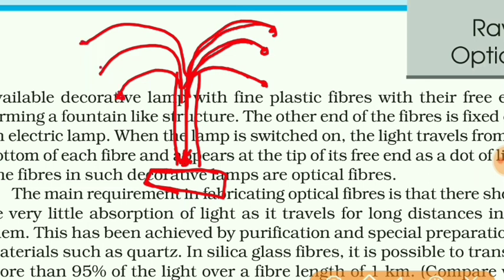The whole optical fiber is transparent, but still the light will not emerge from its surface. It will emerge from these ends only, that is the tips of this wire, and you will find it like a glowing tree or glowing plant. So this type of lamps are also available, decorative lamps.